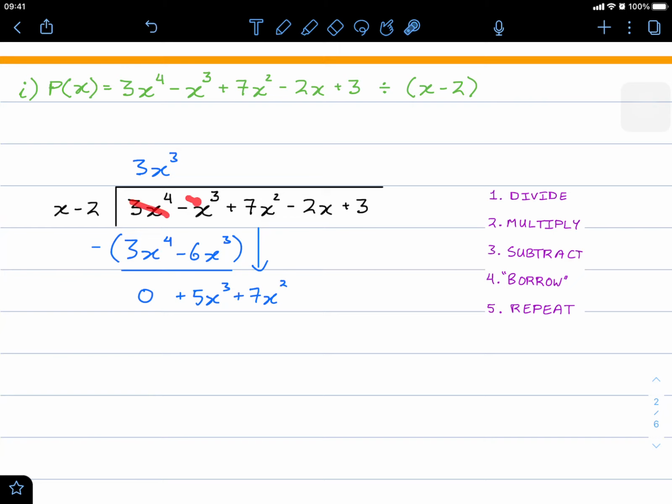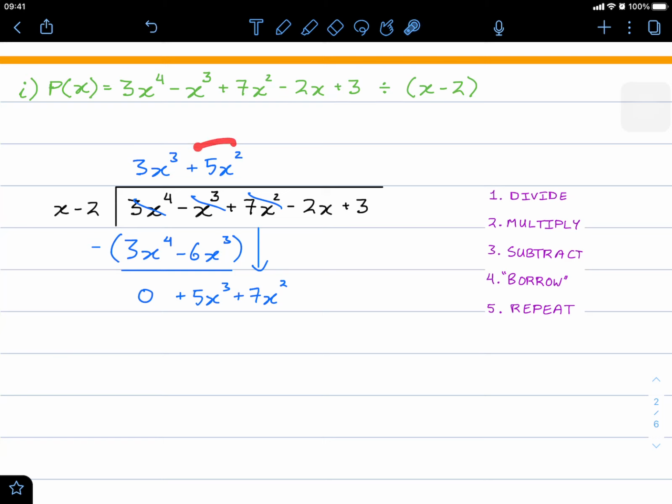So we ignore these now, and we continue our division with the terms at the bottom. 5x cubed divided by x, well, that's going to be plus 5x squared.